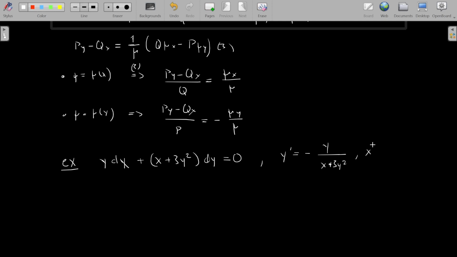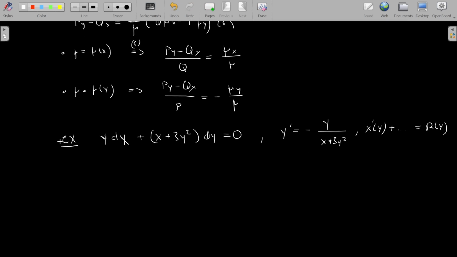So it's going to be x of y plus something is equal to a function of y. And if you solve for the function x, then you will find the same solution as we will using the exact differential solution.